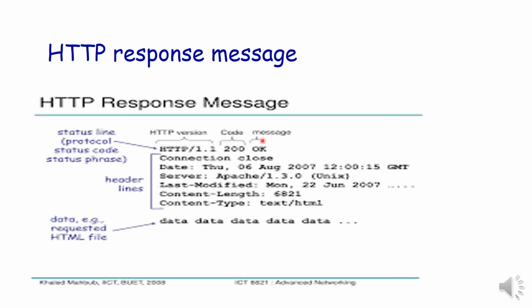Then it is followed by the phrase or the message. 200 OK means the requested page is available. If it is not available, 404, file or page not found, will be the message. It is followed by a set of header lines, which also depend on the type of the message, and then the actual data is stored.